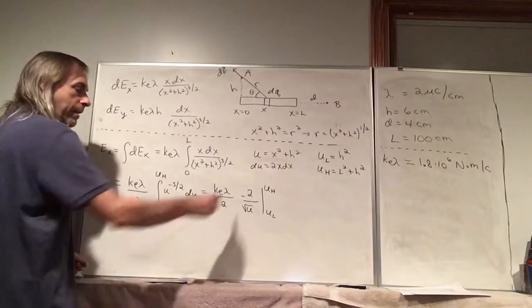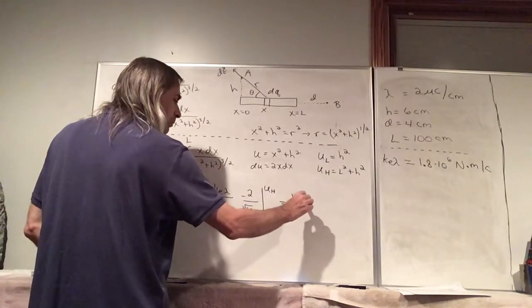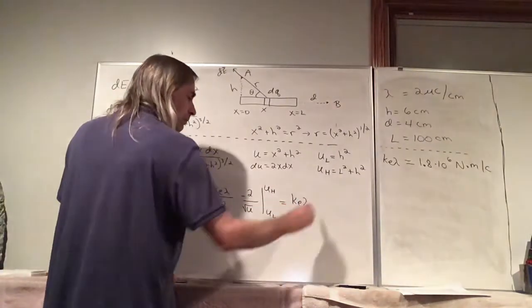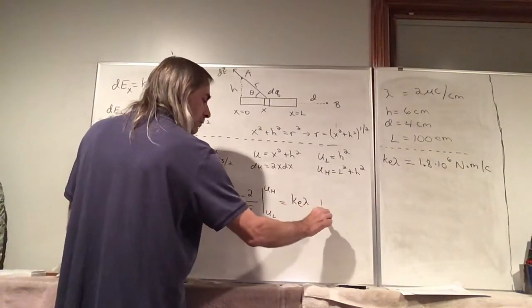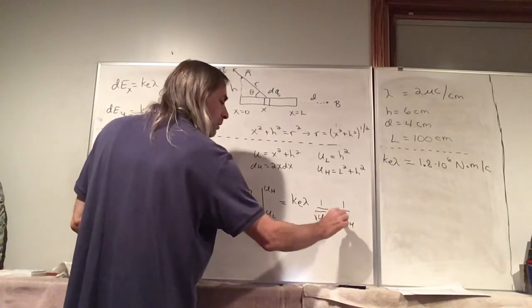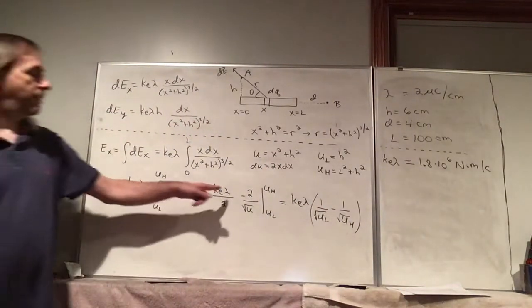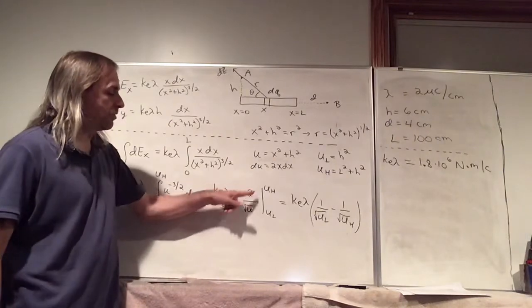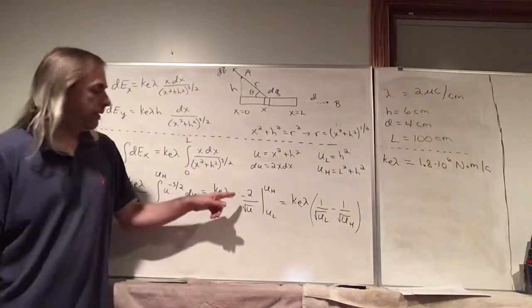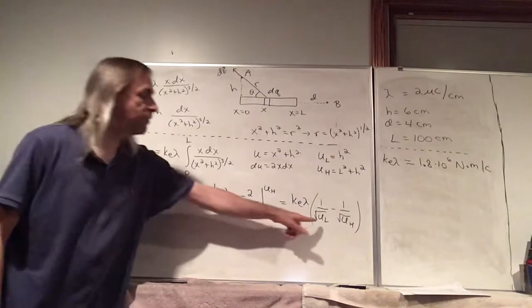And now, these 2's cancel out, so we have minus 1 over the square root of mu h, so I put that here, and then minus negative 1 over the square root of ul.